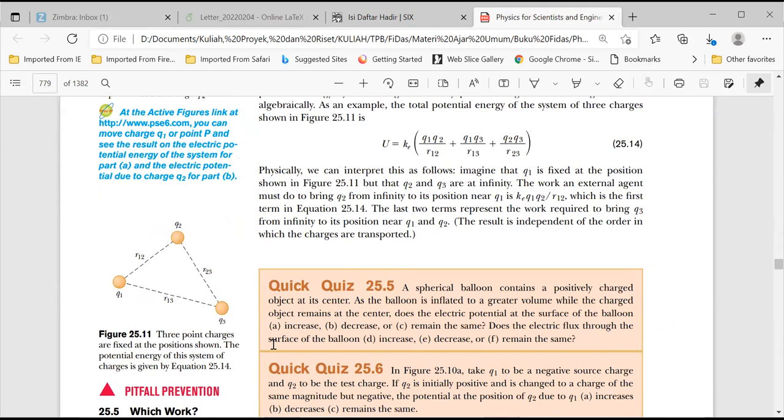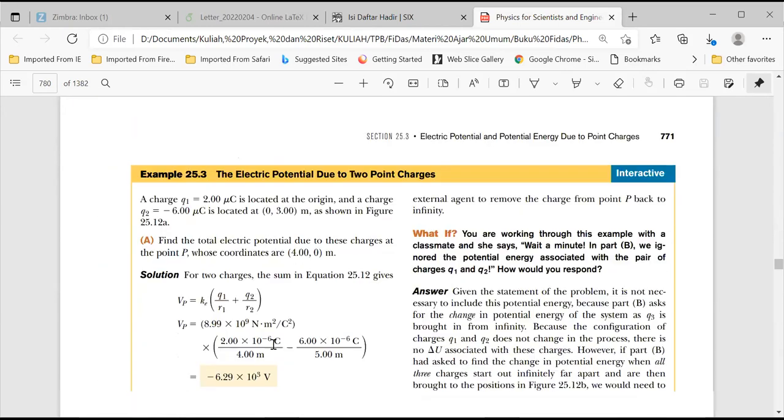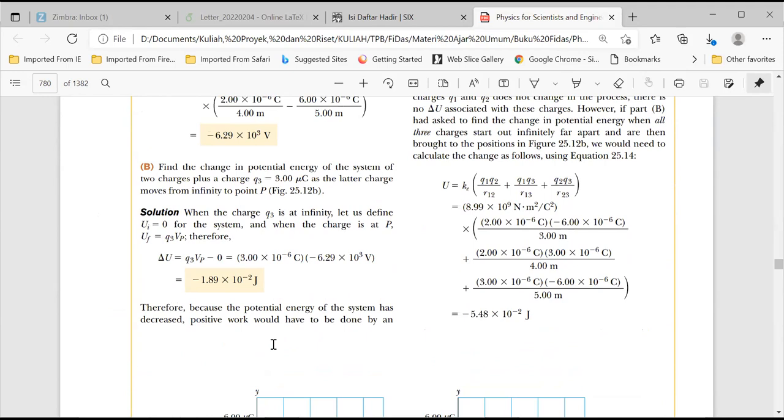So if they are already together like this, we should have the total potential energy from each pair of charges, Q1 Q2, Q1 Q3, and Q2 Q3. Is there any question?